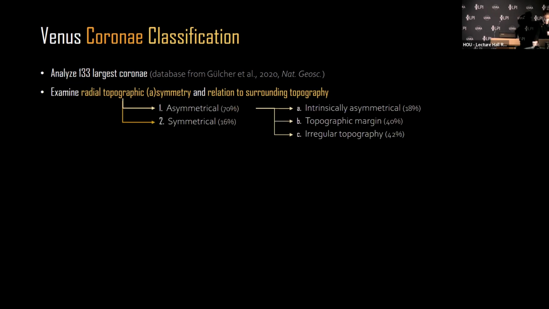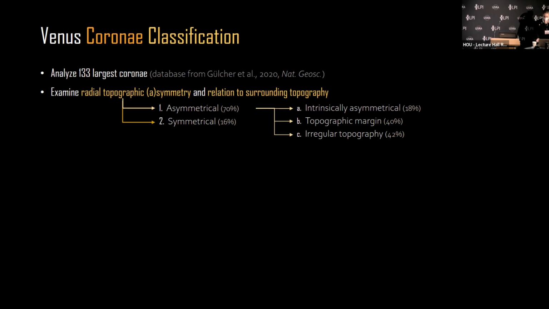And then another next. So basically what we identified is whether a corona is radially symmetrical or not. And as you can see, most of the coronae are actually radially not symmetrical, so they show different topographic features at different arcs. And so this is all in terms of topography. And then amongst those asymmetrical coronae, we identified whether they are intrinsically asymmetrical.